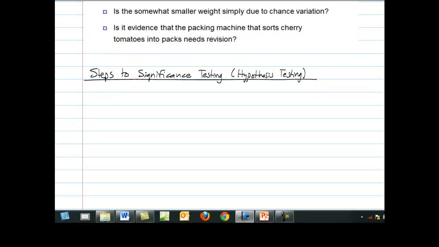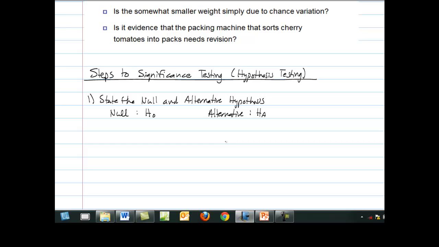Now the first step we always do is we state the null and alternative hypothesis. The null hypothesis is called H naught or H0. The alternative hypothesis is called HA, A for alternative.